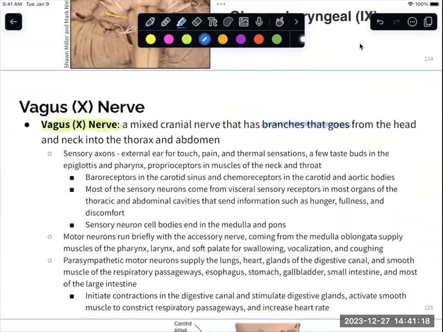Vagus nerve has branches that go to the head, or from the head and neck into that thorax and abdomen. It does do sensory to your ear, pain, temperature, does taste buds in the way back of your throat, proprioceptors to the muscles of your neck and throat.